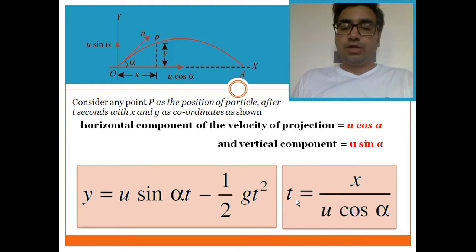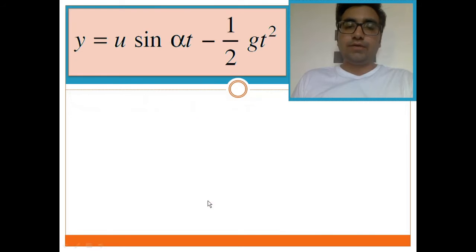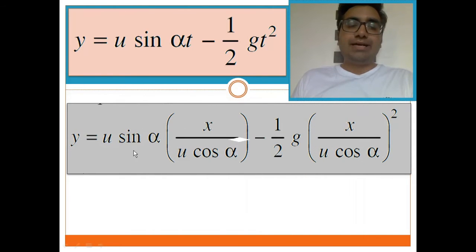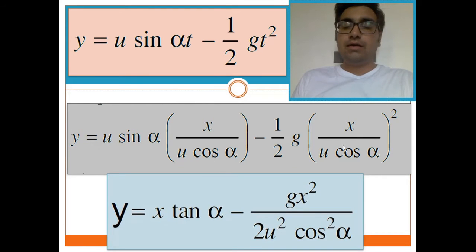Substituting this t equals x upon u cos alpha over here, we are going to get y equals u sin alpha into x upon u cos alpha. Sin alpha divided by cos alpha becomes tan alpha, and we get y equals x tan alpha minus g x square upon 2 u square cos square alpha. So my dear friend, this is the equation for the path of the projectile motion.